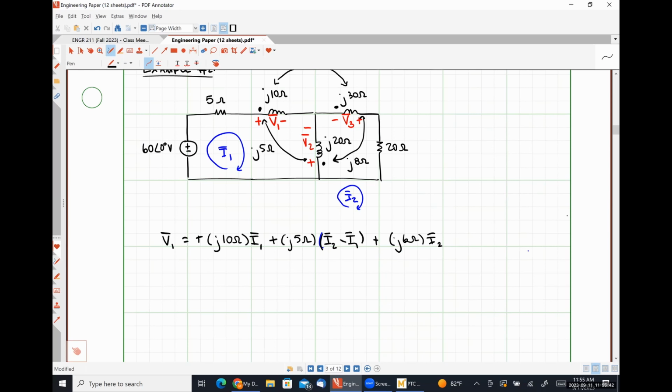No. To make the currents flow into the dot, that's how I decide what directions my mesh currents go. So, yeah, to get to the test, or not give it a correction.